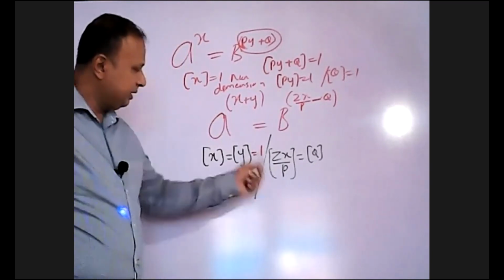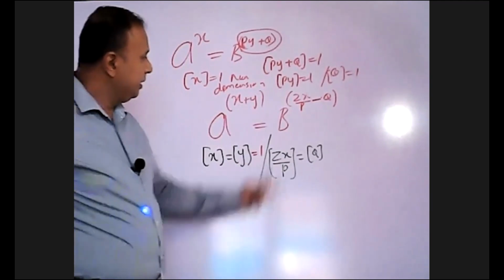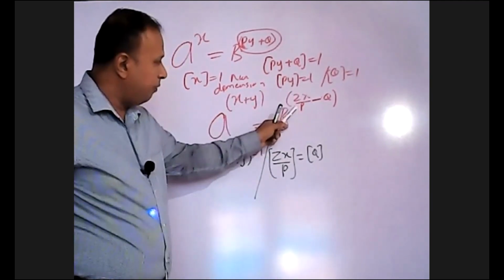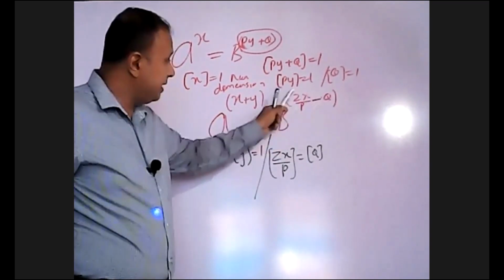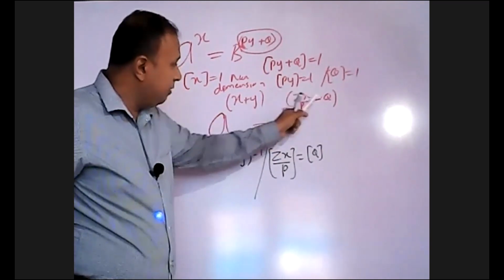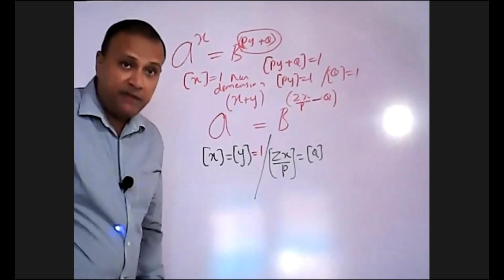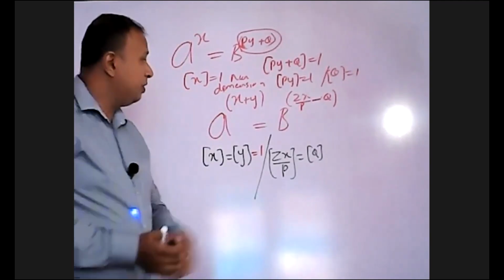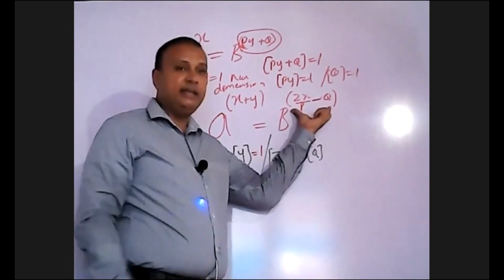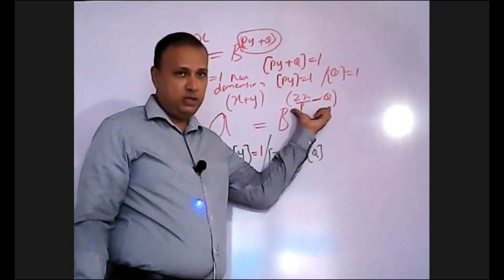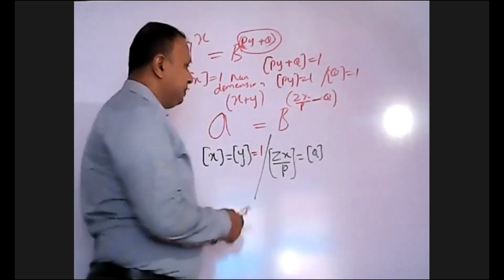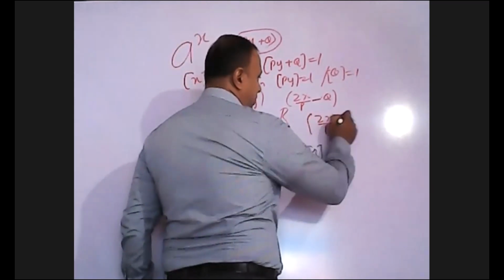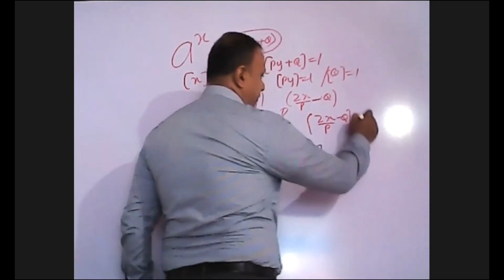Then this one also, b to the power zx over p minus q. So zx over p minus q is our power. It is a power, so this entire thing does not have a dimension.